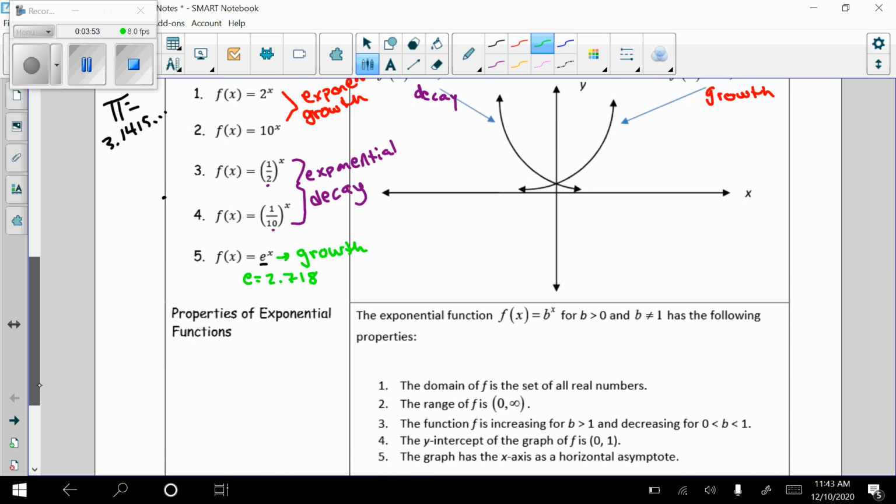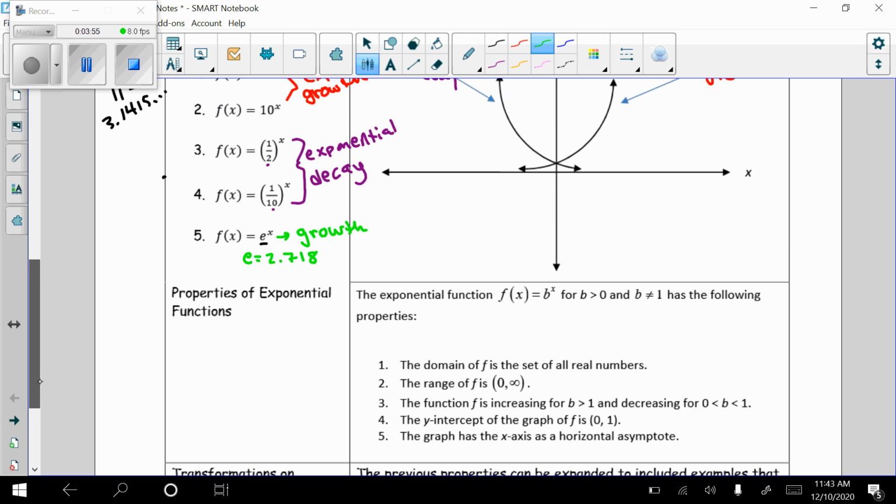Okay. So properties of exponential functions, again, anything b to the x power: the domain is the set of all real numbers, always. The range is going to be from 0 to infinity, whether it's growth or decay. We're not going to cross over the x-axis. We can't go into the negative y's. The function is increasing if b is greater than 1 and decreasing if it's a fraction.